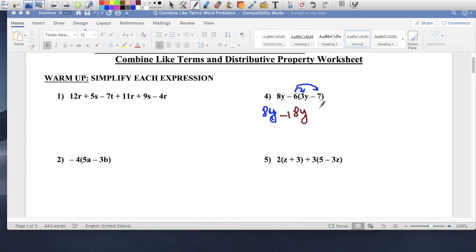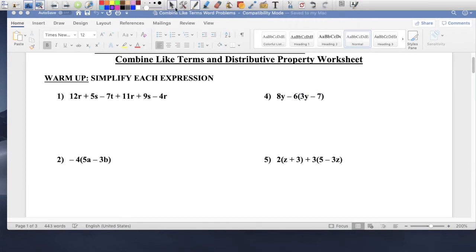And then negative and negative is a positive 42. Can I combine anything? Yeah, I can combine these two right here. It's going to give me negative 10y, and then just that plus 42. That's easy, right? This one is easy, and now, let's see.